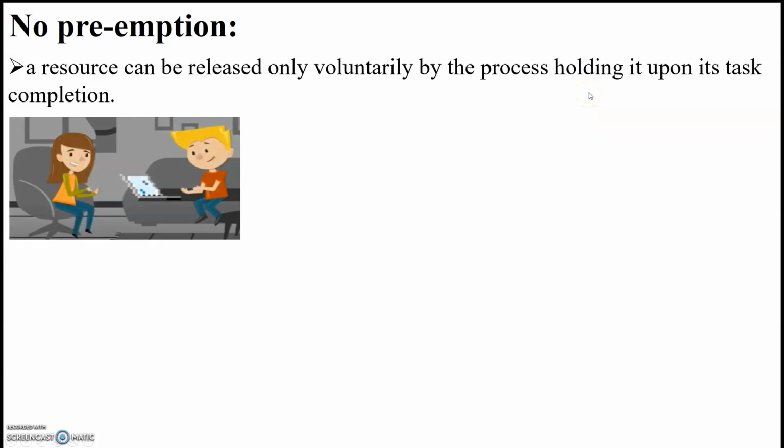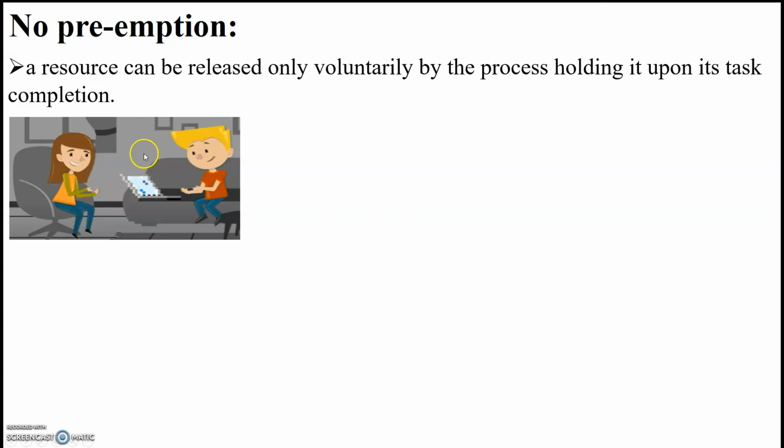Then comes no preemption. A resource can be released only voluntarily by the process holding it upon its task completion. So here there are two friends. This friend is using a computer and this friend is asking for the computer. Let us consider this computer as a resource. But unless and until this friend wants to release his computer and make it available, it cannot be given to this friend.